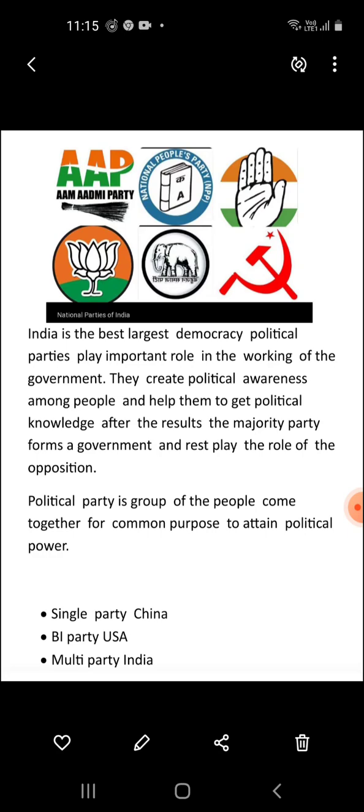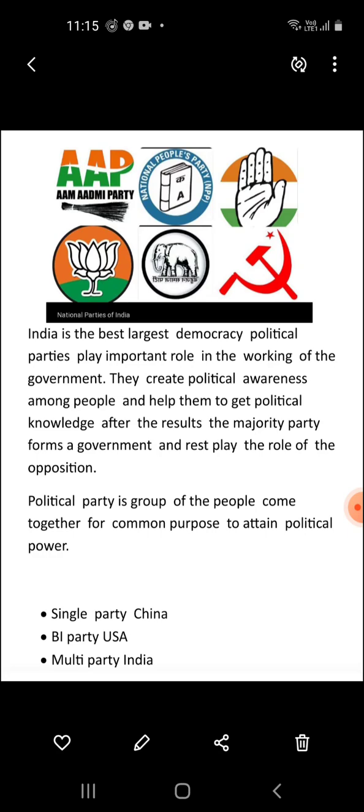Later on, bi-party: two parties, where one forms the government and the other plays the role of the opposition. The bi-party system exists in the USA. The multi-party system exists in India, wherein a number of parties come together and form the government.